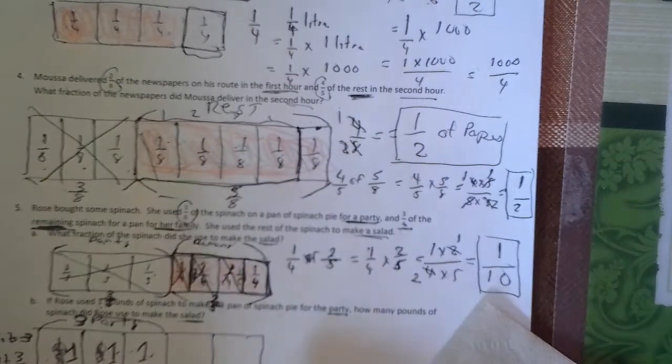So 1 unit equals what? 3 divided by 3, which is 1. So each one is 1 pound. She used 3 pounds in 3 pieces, so each one is 1. That's 1 pound, that's 1 pound, that's 1 pound, right?